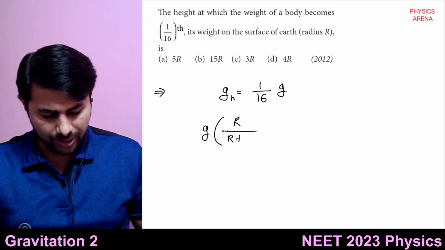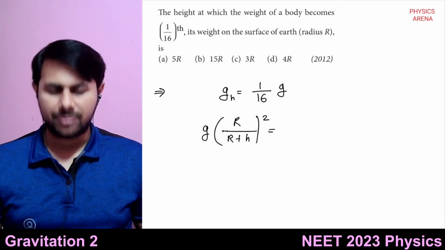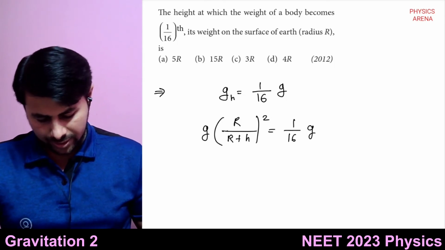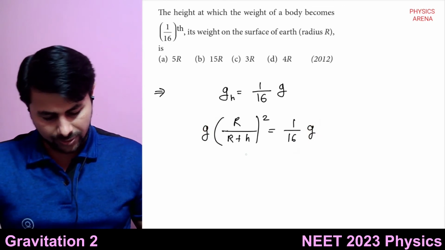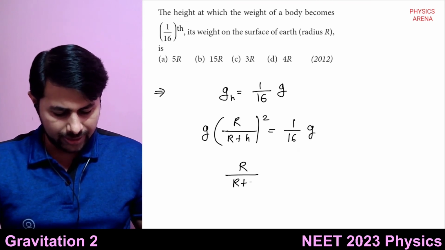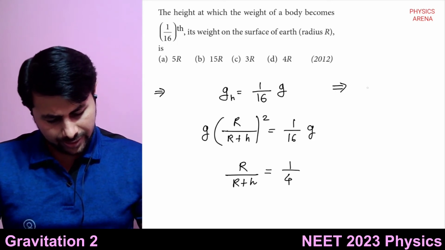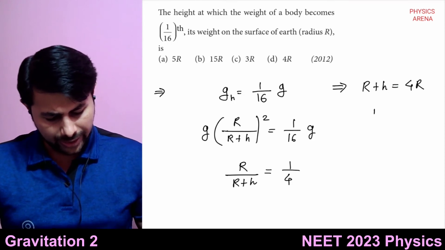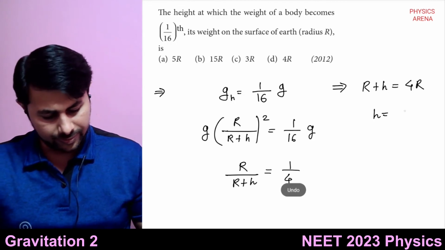So g_h is 1 by 16th of g. g and g get cancelled. Then we take the square root: r upon r plus h is equal to 1 by 4. That means r plus h is equal to 4r, so h is equal to 4r minus r, that is 3r.